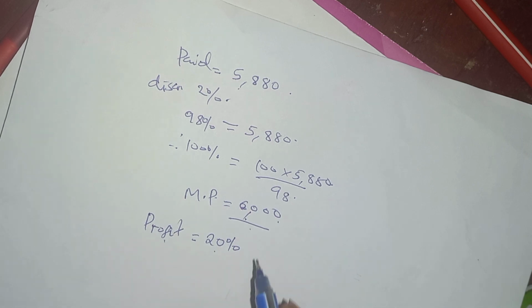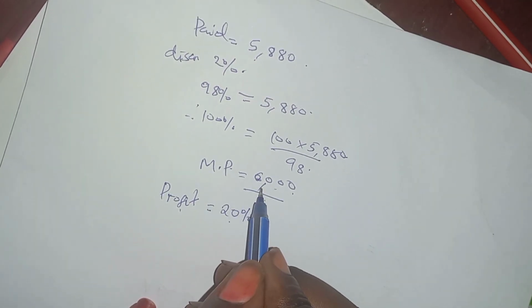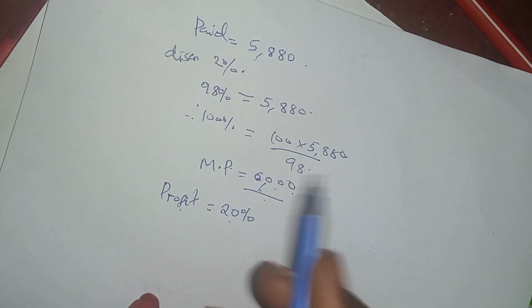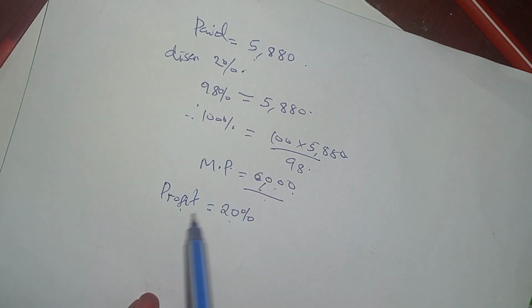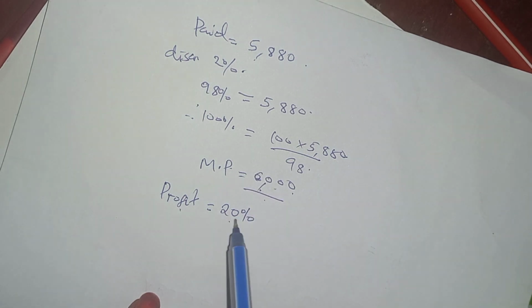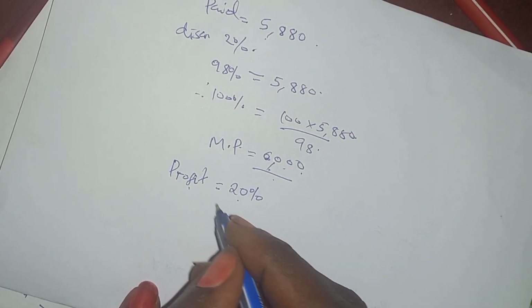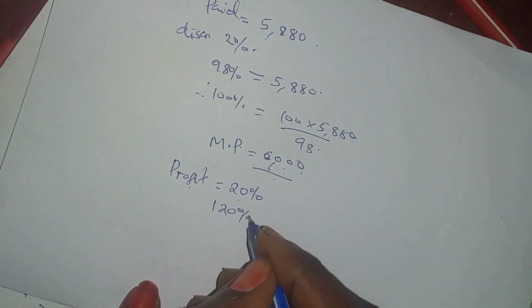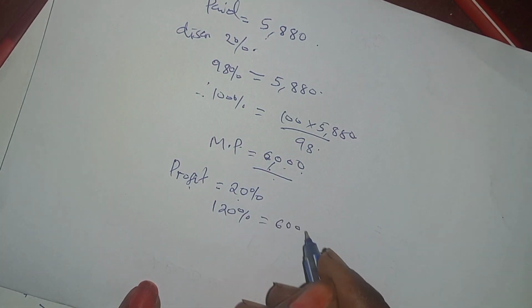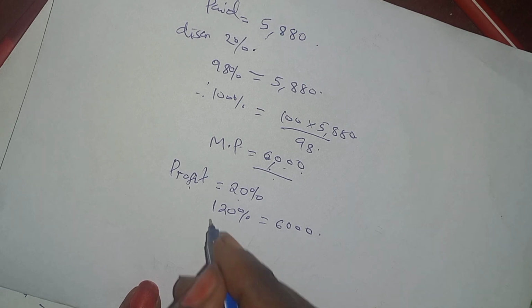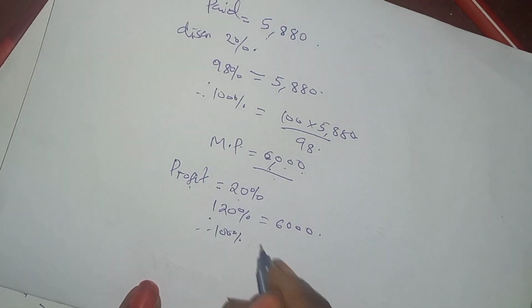If we want to calculate that, we'll use this marked price, okay? Because we are told that if the discount is not allowed, the shopkeeper will make a profit of 20%. So there we'll say that 120% is equivalent to that. What about 100%?